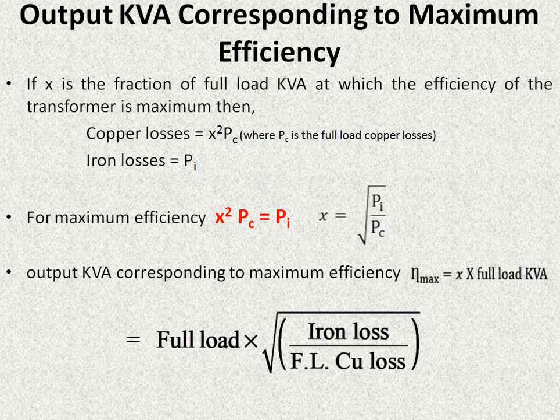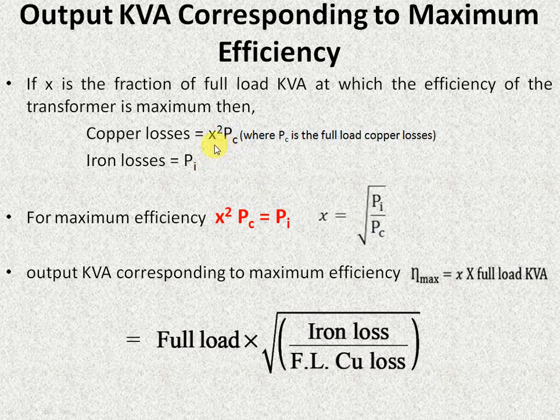Then the copper loss occurring at 75% of the full load kVA will be 75 by 100 the whole square into 10 watts.